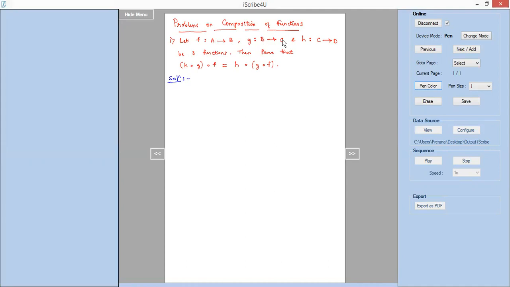So A to B, B to C, C to D. So when we take h composition g composition f, irrespective of the brackets, it is a function from A to D. So we'll just mention the same thing first.